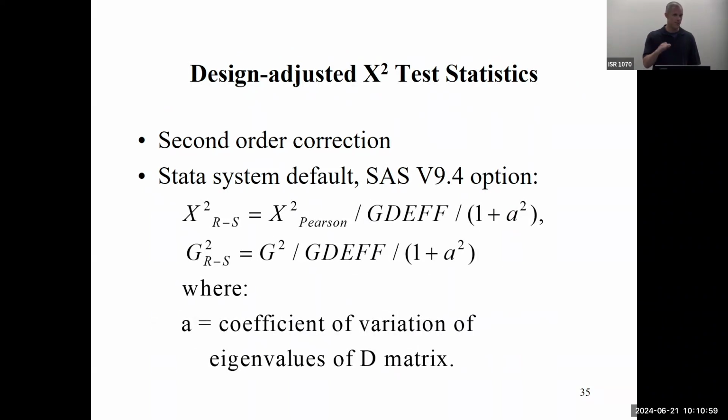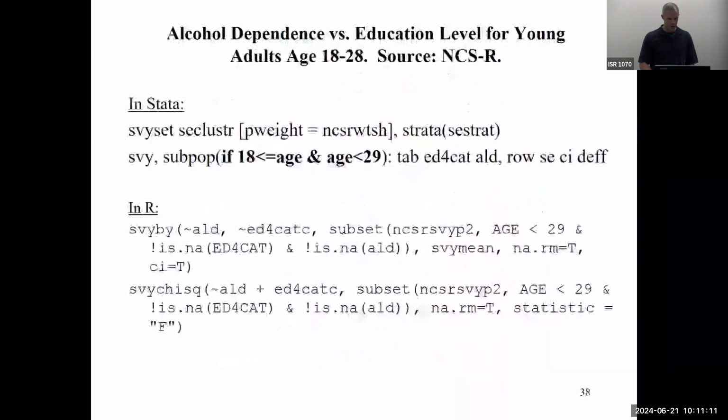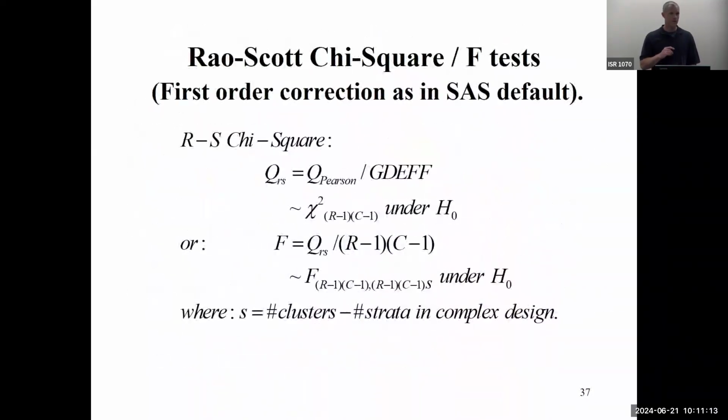You're going to see that for some of the examples, like the alcohol versus education example. Those degrees of freedom are decimal, and that's because of the second order correction. It's no longer this straightforward calculation that you see here. The degrees of freedom are now a function of the variability in those eigenvalues, which is a non-integer value.